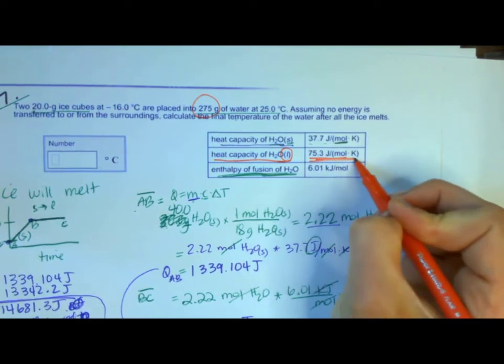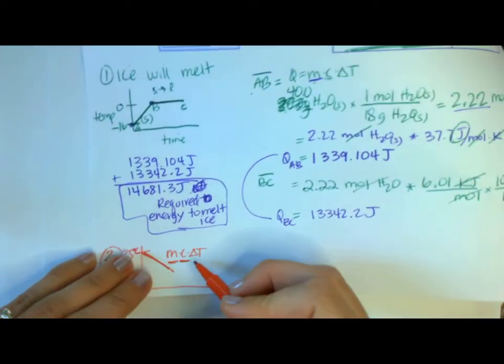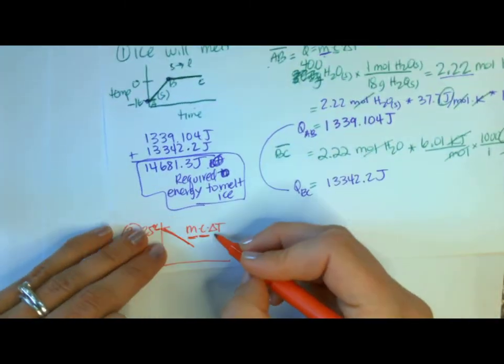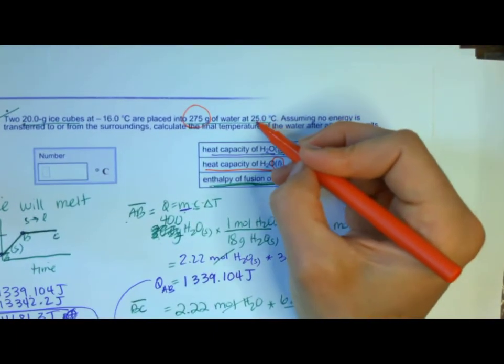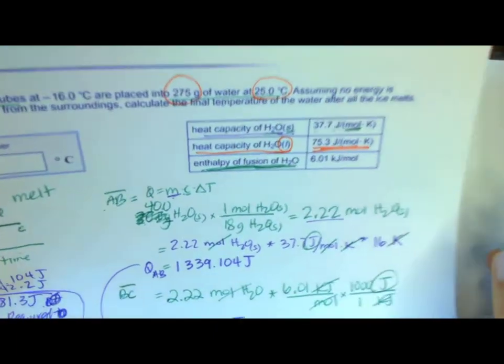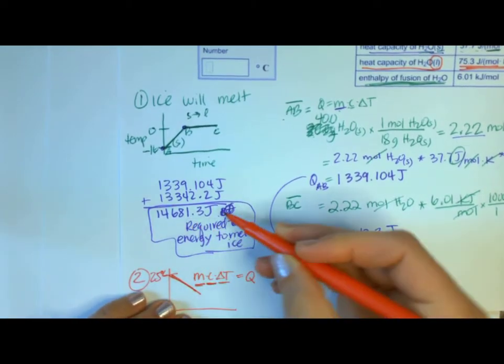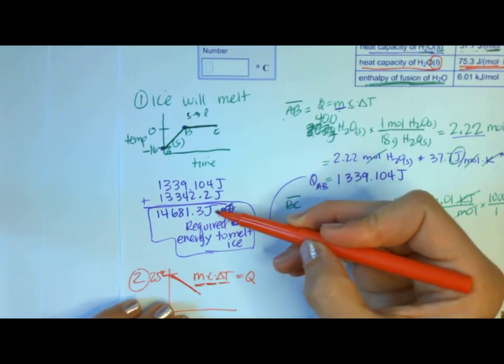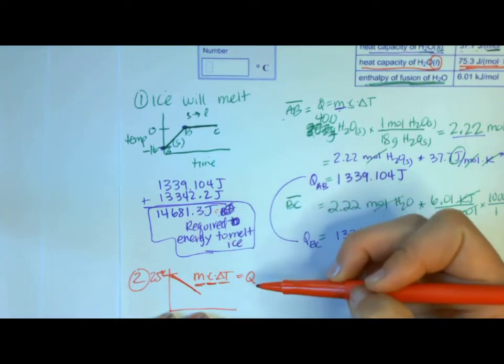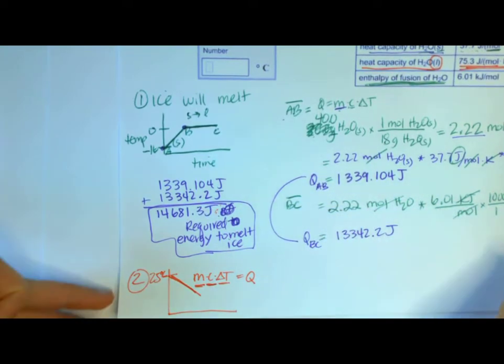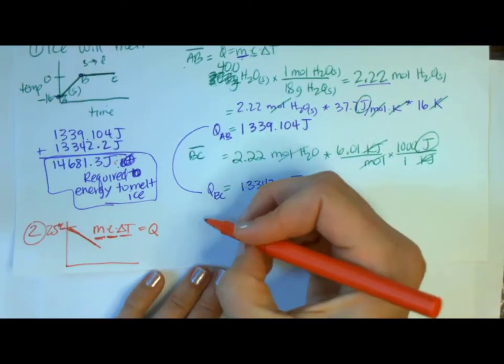It gives it to me there. And while I don't know the final temperature, I know the initial temperature, it told me is 25 degrees Celsius. I can find the final temperature because I also know Q. I know right here the energy that's going to be required cooling that water down. So let's plug in what we know. We know our mass.